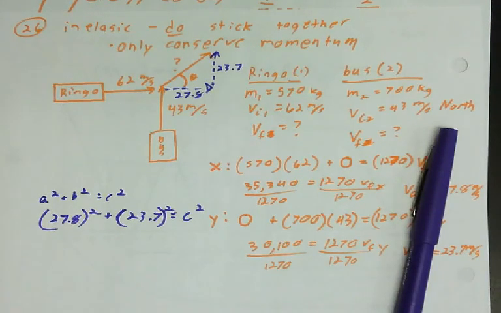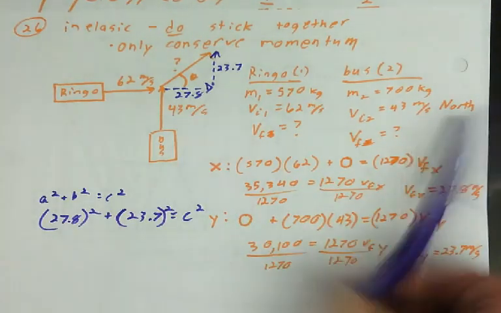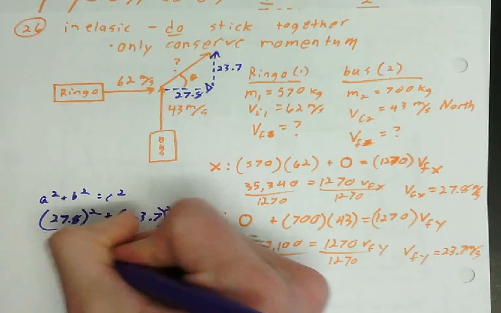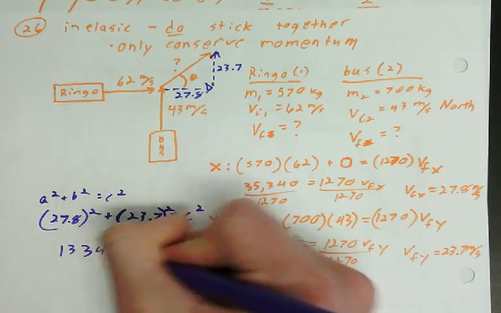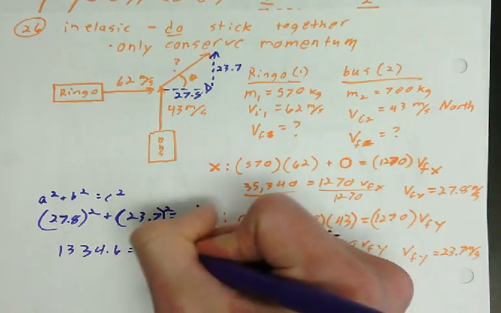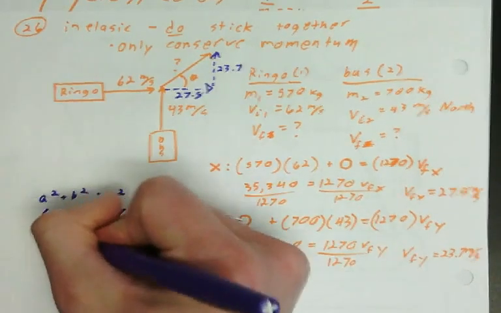When I do that, I get 1,334.6 equals c squared. I don't want c squared, I want just c, so square root that.